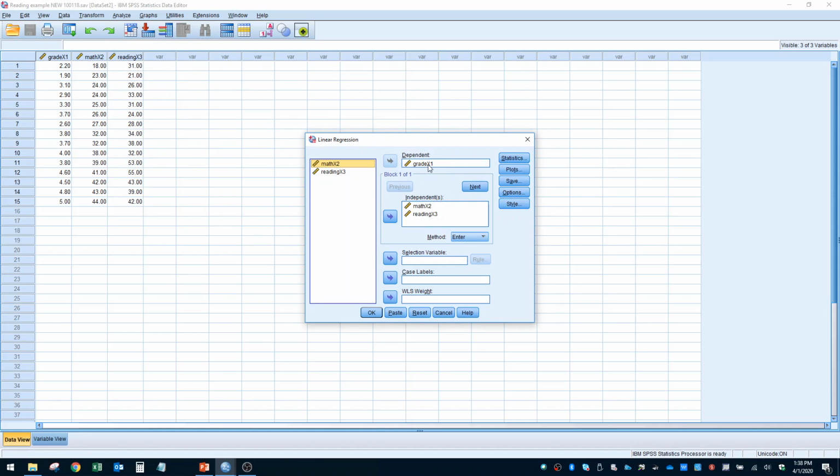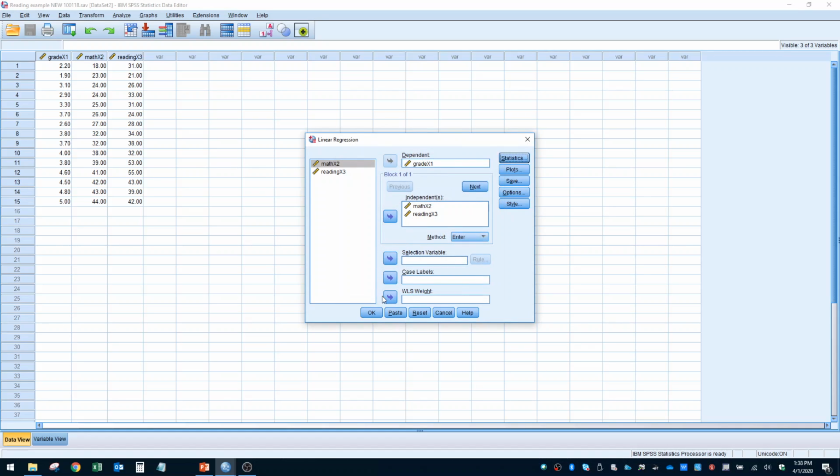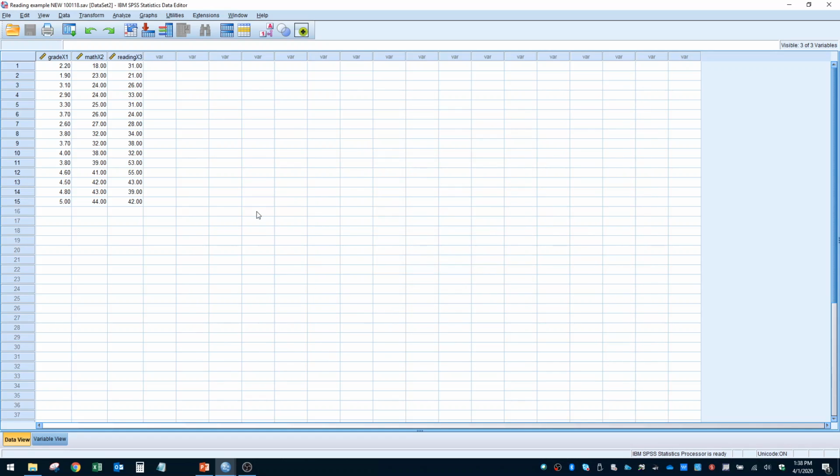I have grade as my dependent measure and math and reading as my independent measures, and I want statistics. So the statistics I want: my model fit, but I can get the part and partial correlations, and I can get my collinearity diagnostics. So I can click those on. I go continue, and then I'll go to my output.